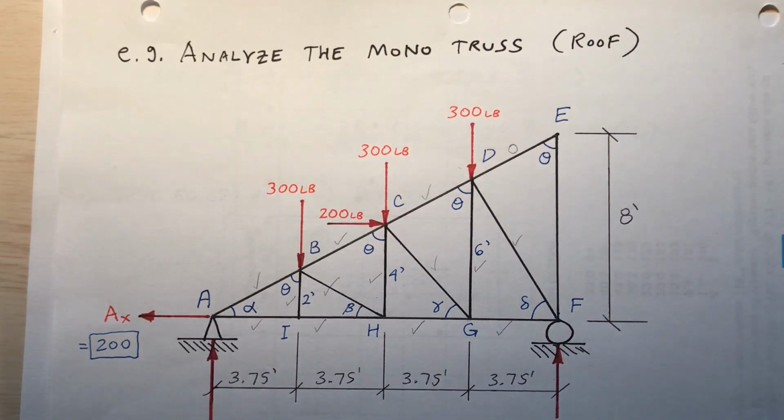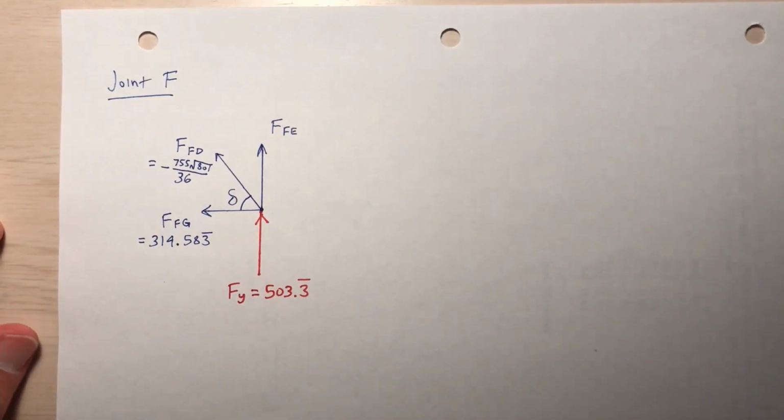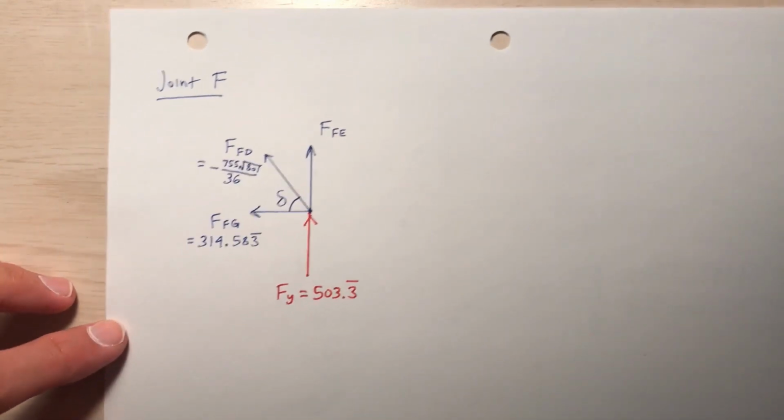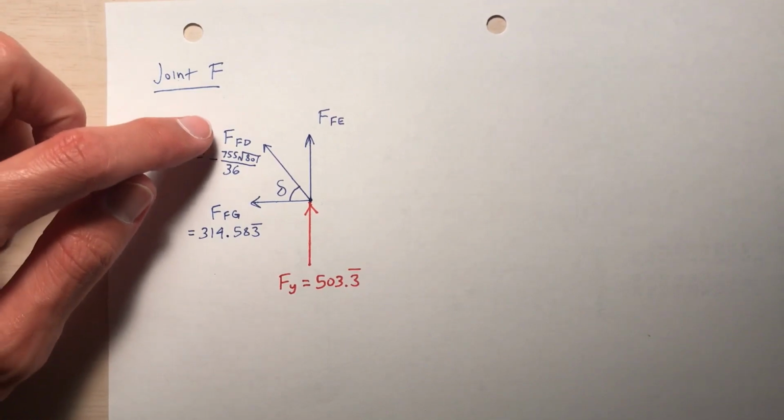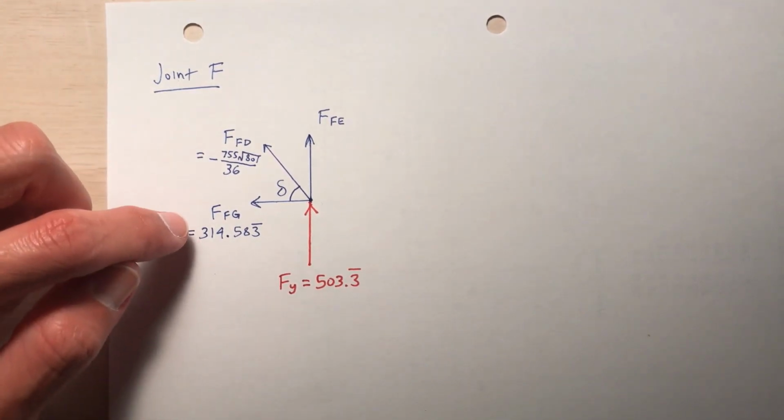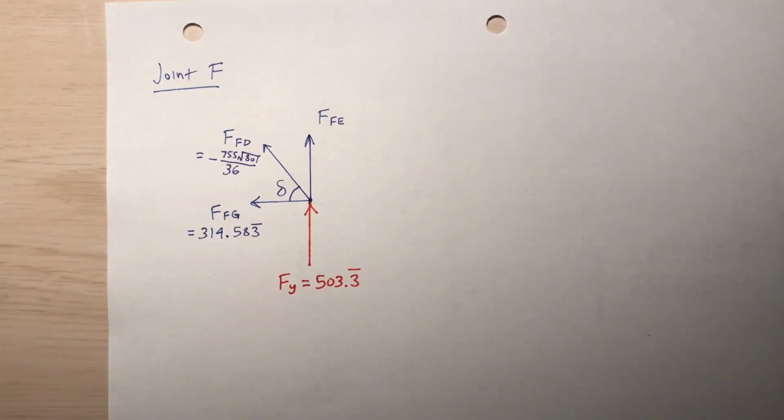I'm going to try to figure out FE now, based on analyzing joint F. So here's joint F. I want to verify that the sum of the forces in the x direction is 0. Okay, so I found F sub DF previously, I found F sub GF previously. So it looks like there are no unknowns in the x direction, but I want to verify my values anyway.